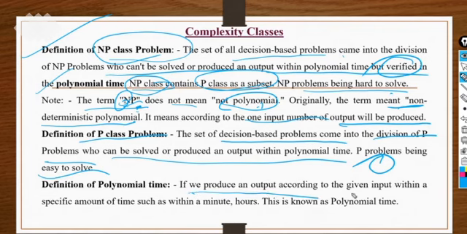So what about the definition of polynomial time? If we produce an output according to the given input within a specific amount of time, like the timing is fixed, and within that much time we will get the output of this problem, that is known as polynomial time.